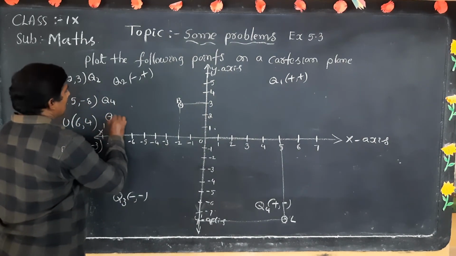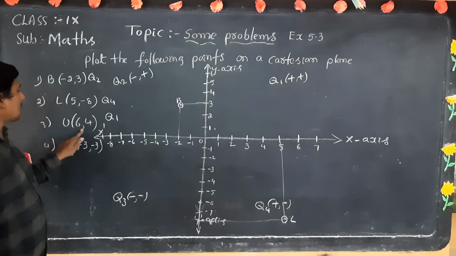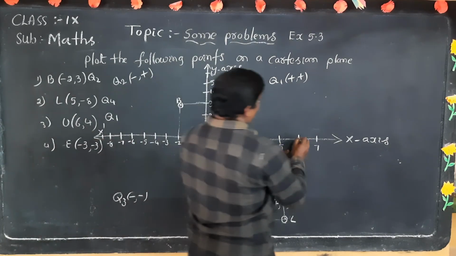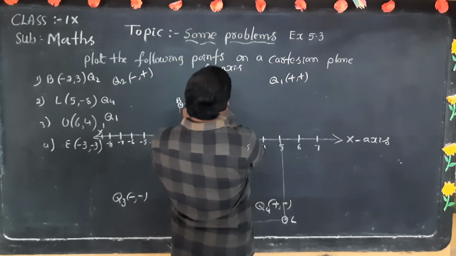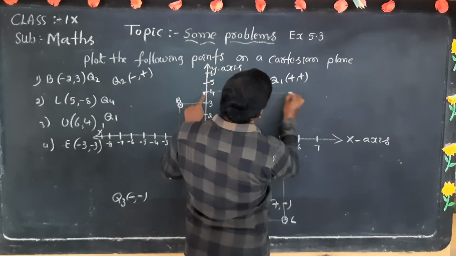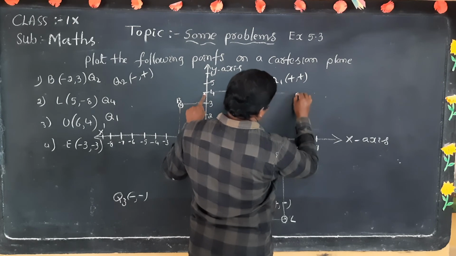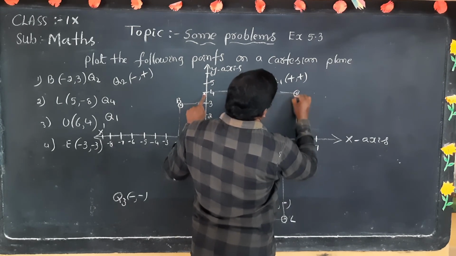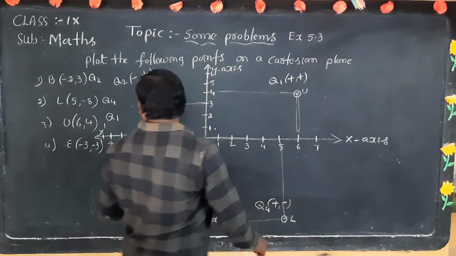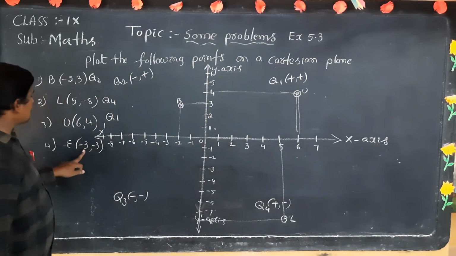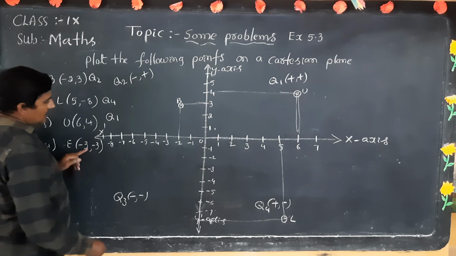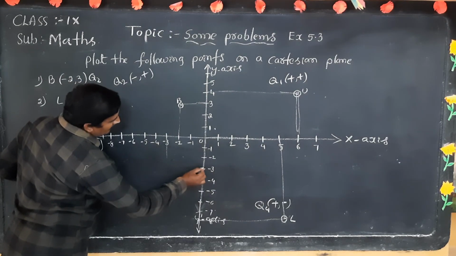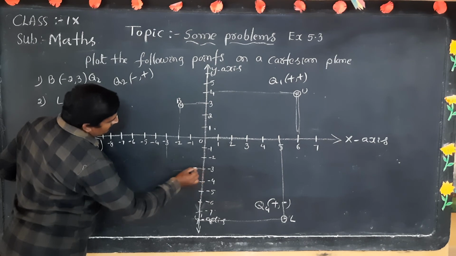This is Q1, the first quadrant. For U, (6, 4) means first quadrant. This is U. And next, (-3, -3): this is quadrant 3.